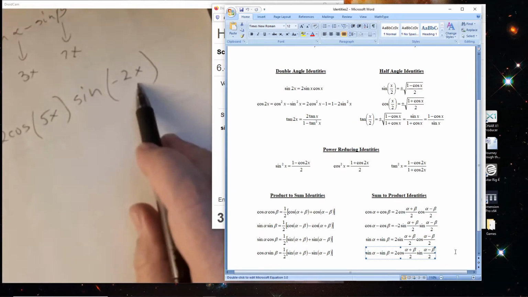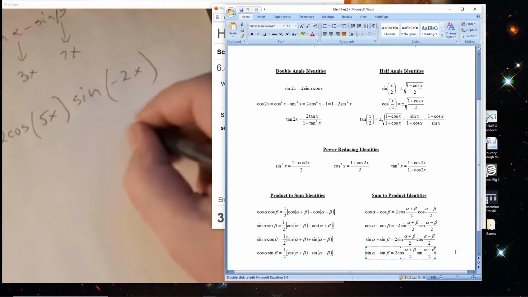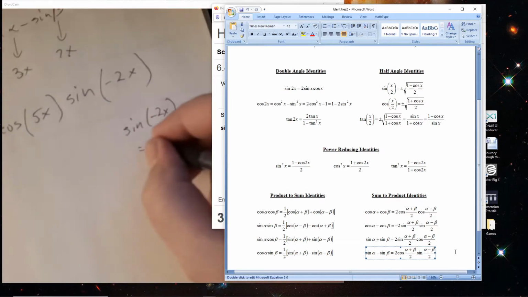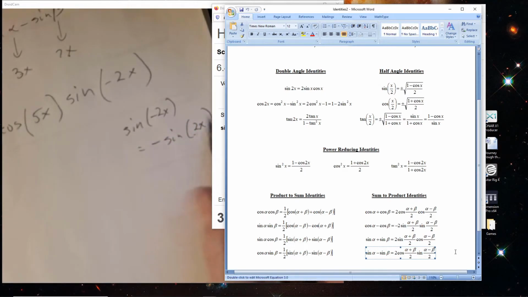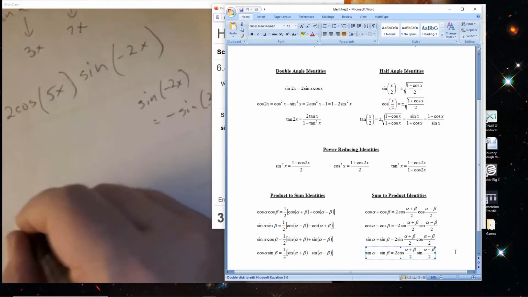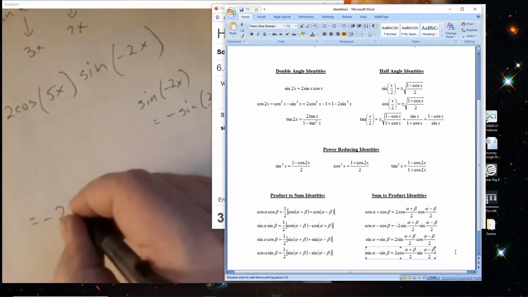Sine is an odd function. That means when you plug in a negative value, that's the same thing as multiplying the entire function by a minus sign and putting in the positive value. So we can take this minus sign and stick it all the way in the front.